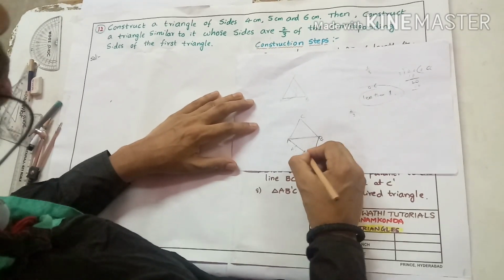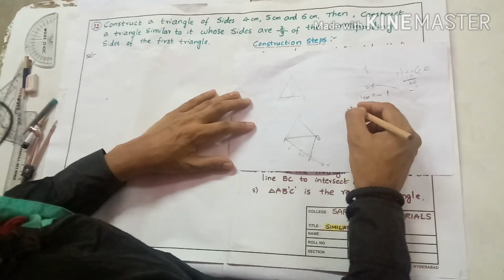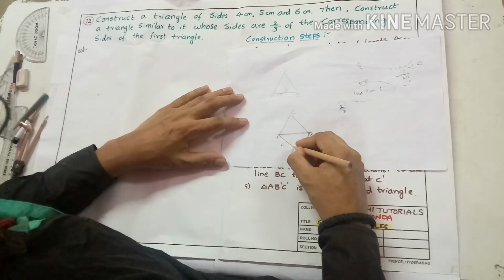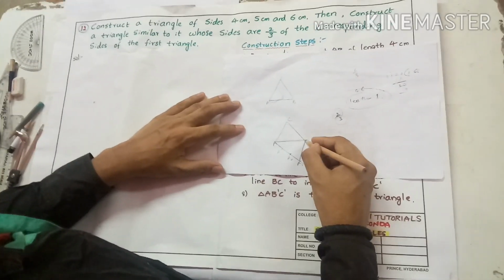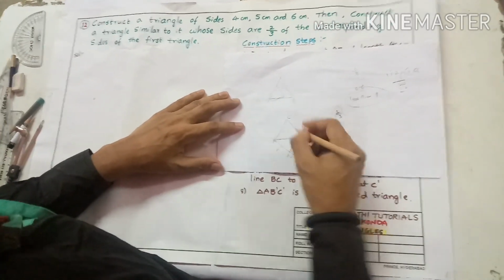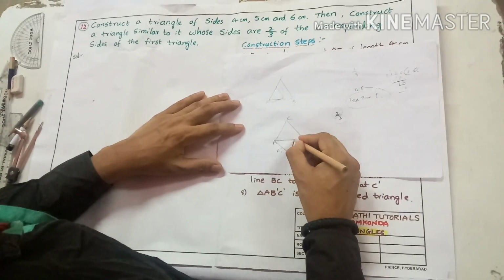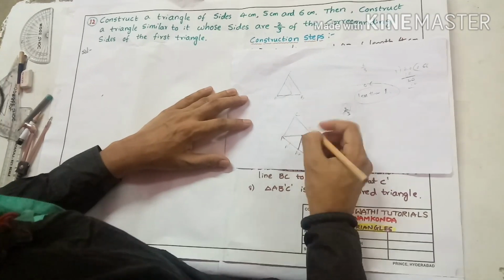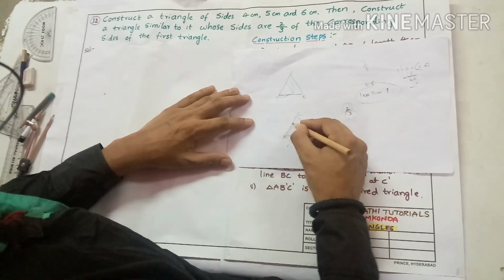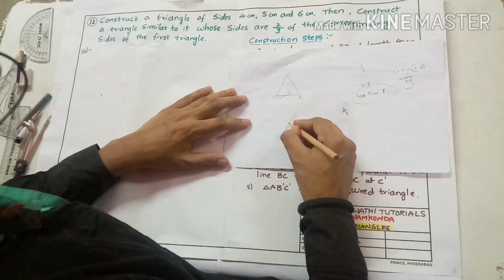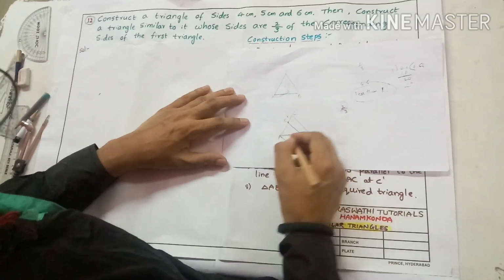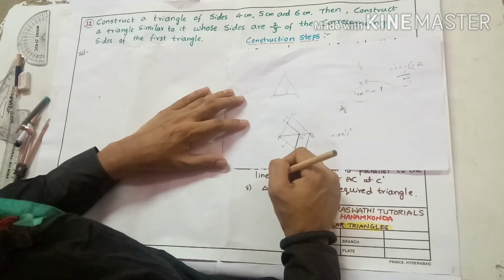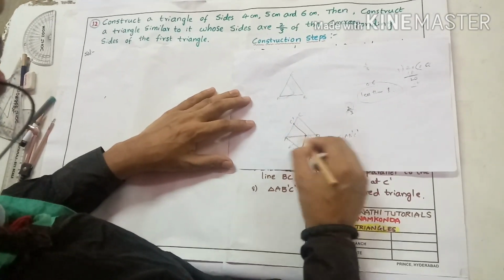Since it is 2/3, the smaller value is 2, so from the second point A2 draw a line parallel to BA3. This line meets AB at B'. Again from B', draw a line parallel to BC. This line meets AC at C'. So AB'C' is the required triangle, and it is smaller than the given triangle.